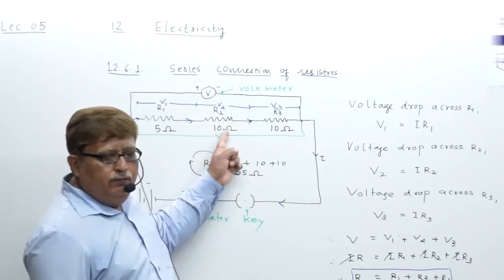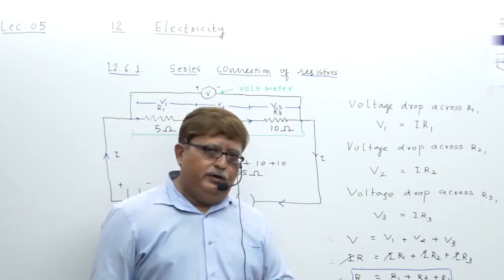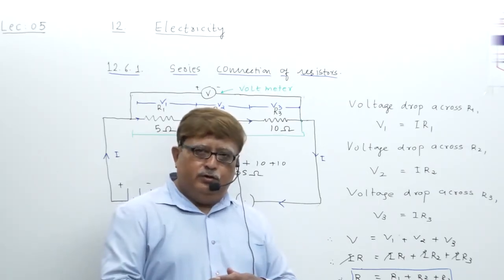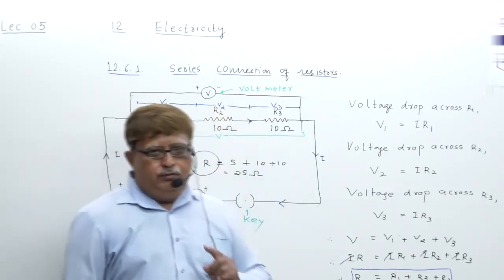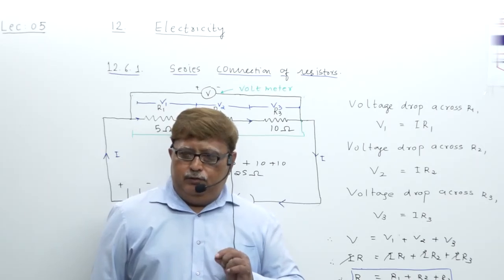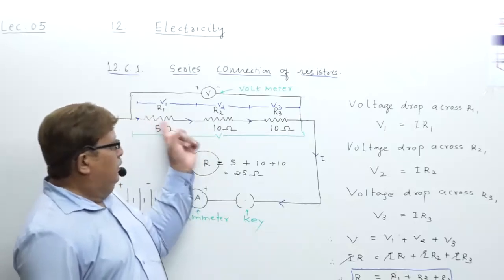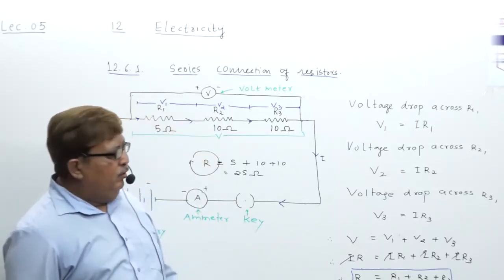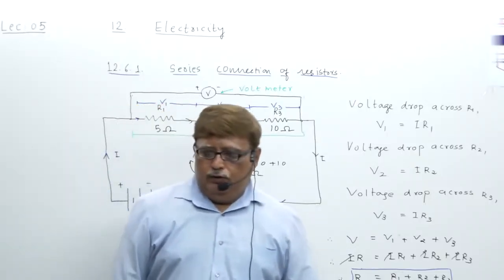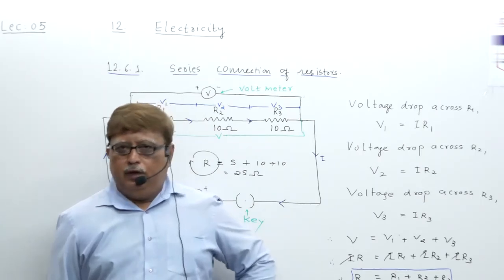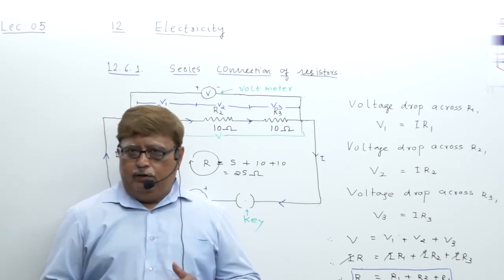First, current flowing through each resistor is the same. First property, what I spoke, current flowing through each resistor is the same. Second property, potential difference, or my dear student, you can utilize this word also, voltage drop across each resistor is different.